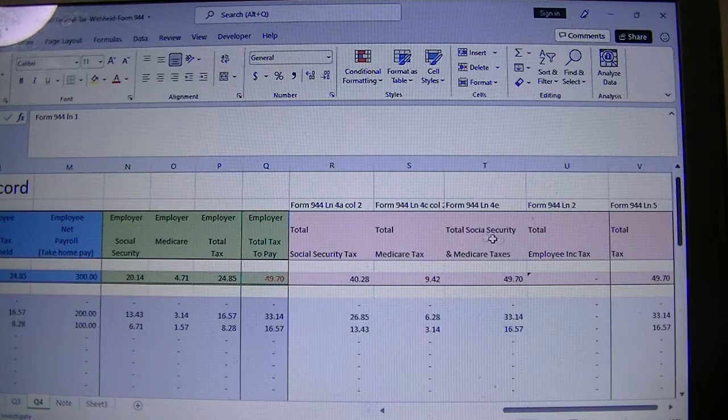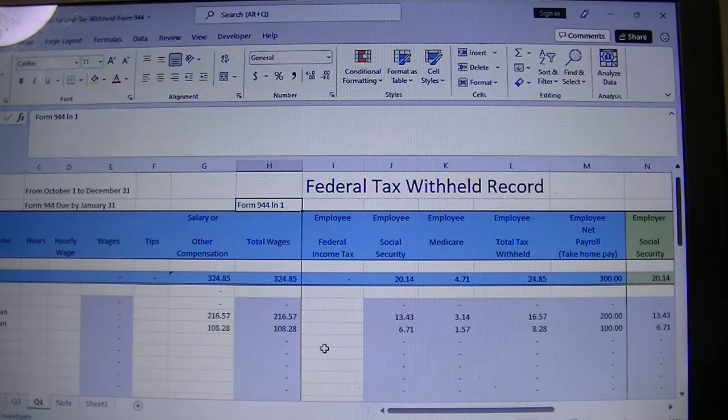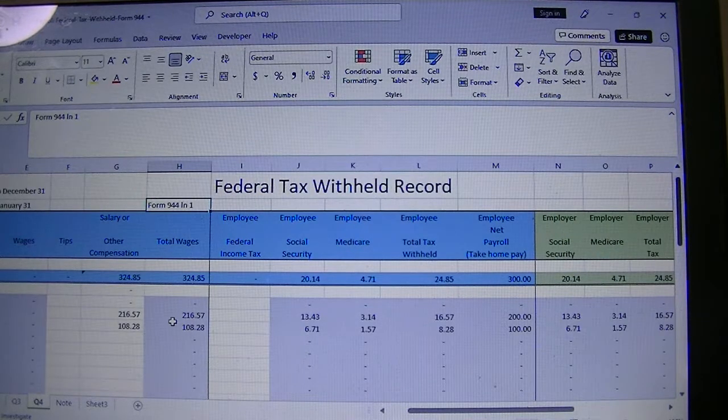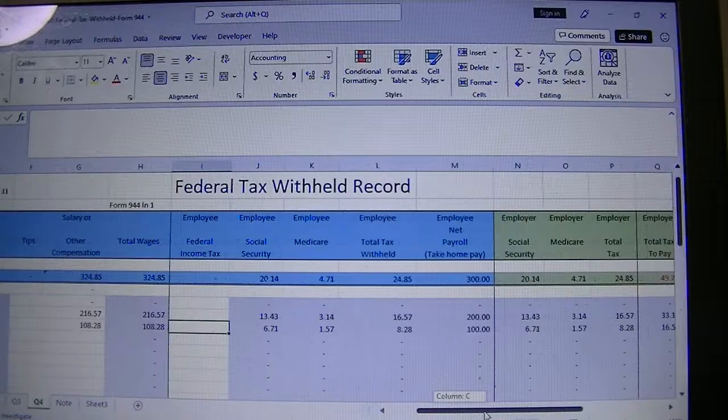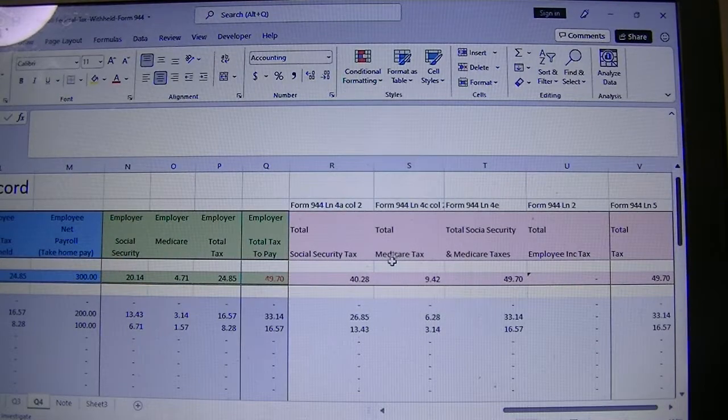You can pull it from the total section as well. So if you withheld federal income tax, the total will be here for all your staff members. Pretty much the total section is that part, and the individual portion is at the bottom. But you can scroll to the employee income tax total section as well, and take the total from here, but there is none.